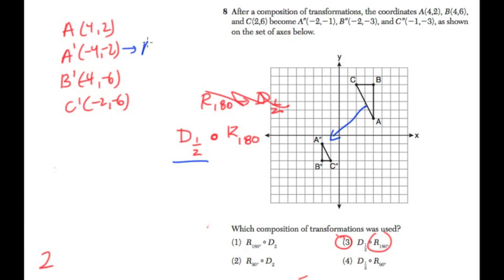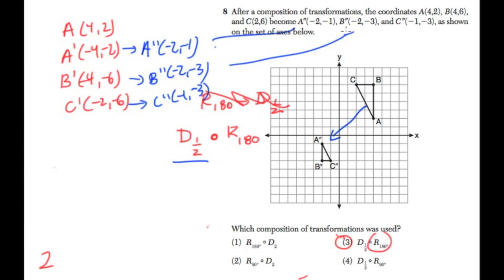Dilation of 1/2 is just going to halve all this, so A double prime, -2, -1, B double prime, -2, -3, C double prime, -1, -3. Does that match up? Yep, matches up, matches up, matches up.